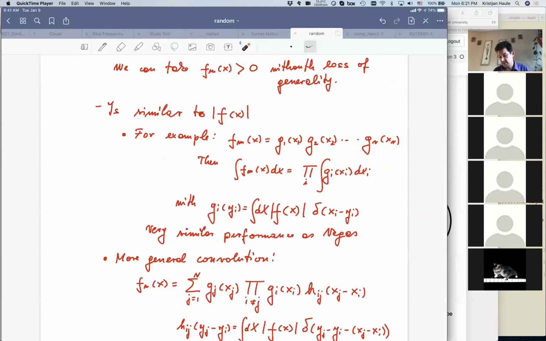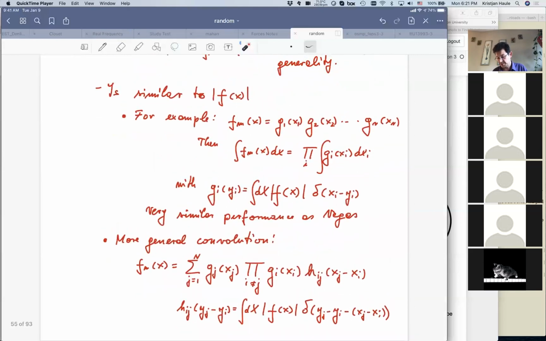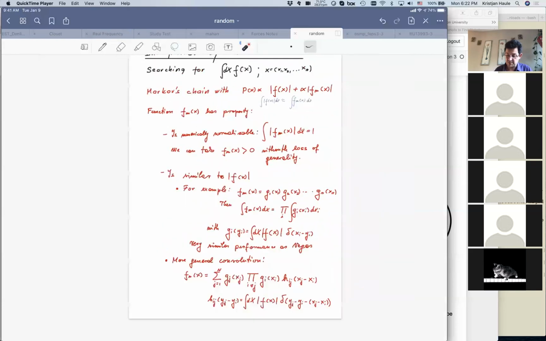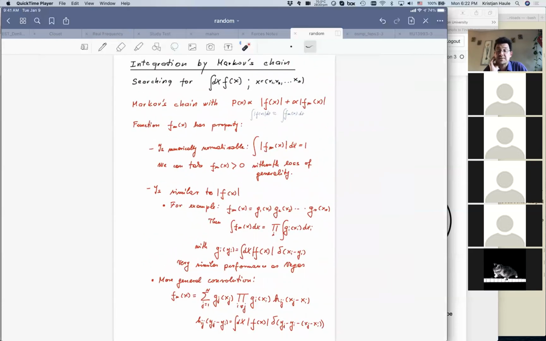So either we take the function to be just the product over all dimensions, or we take the function to be convolutions. Of course, other choices are possible, but these are the two which are kind of most common or most obvious.